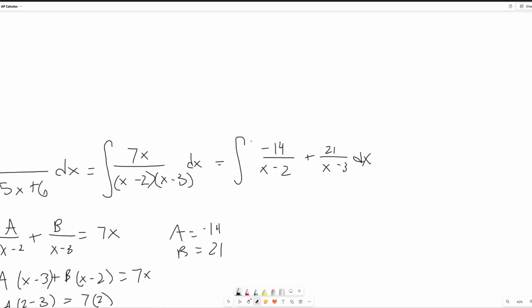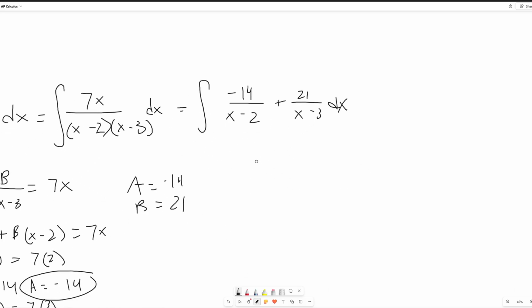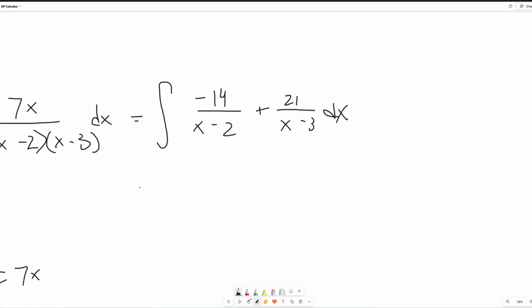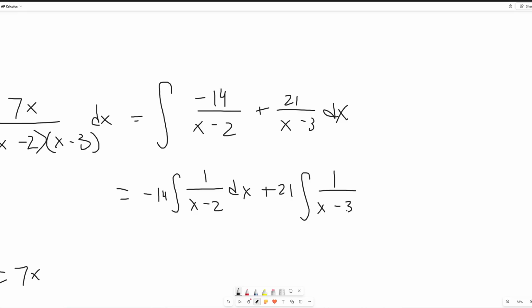So now, what we know from before with our ln tactics and with our constant tactics, this is negative 14 integral of 1 over x minus 2 dx plus 21 integral 1 over x minus 3 dx.